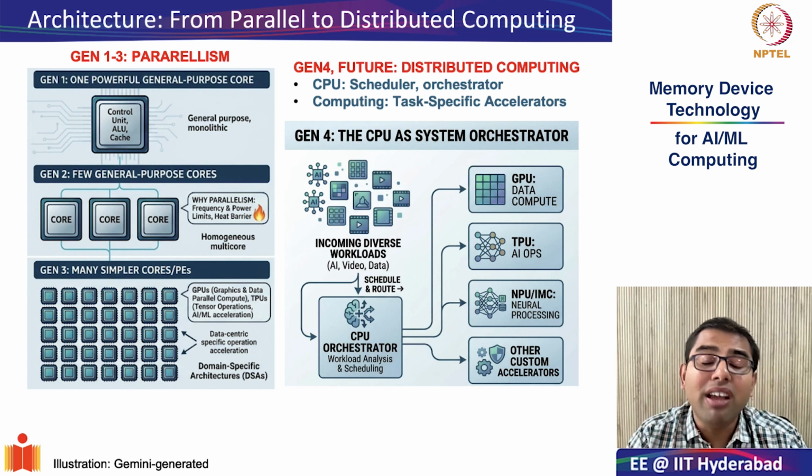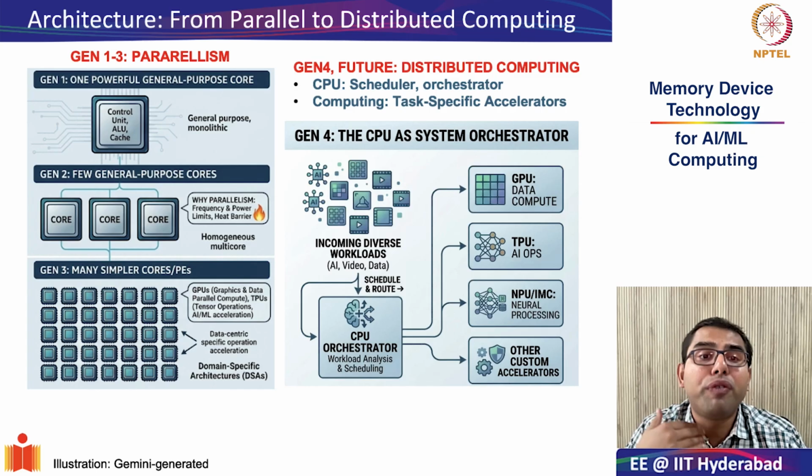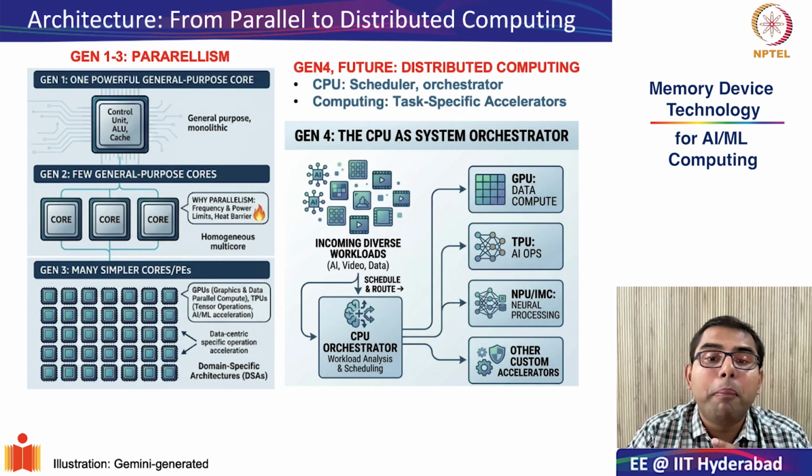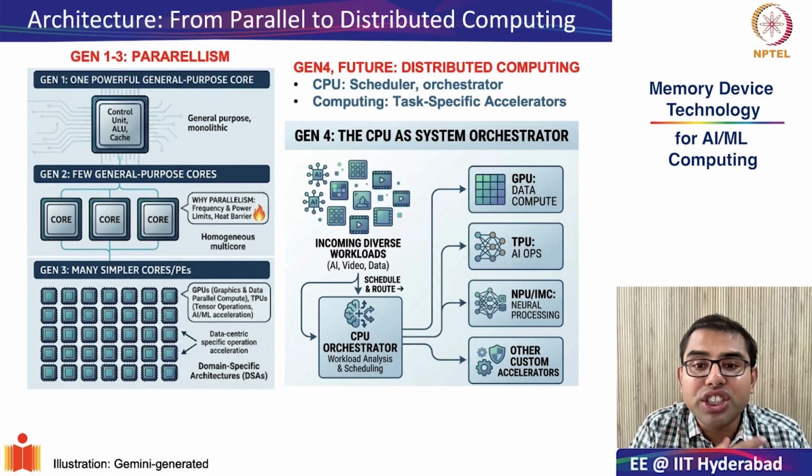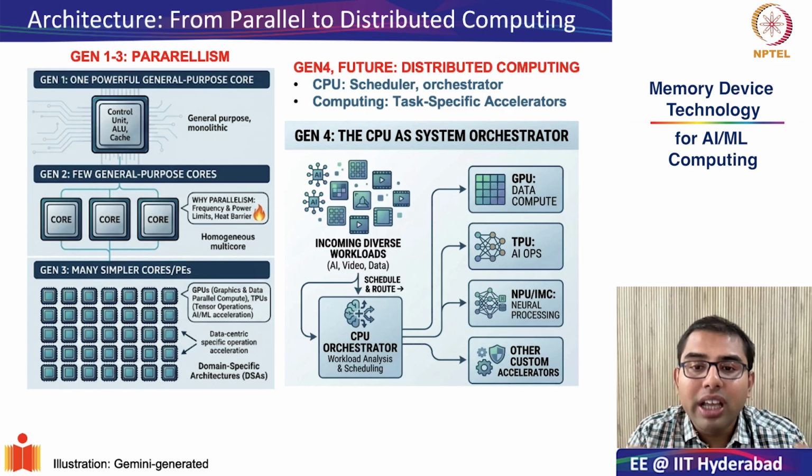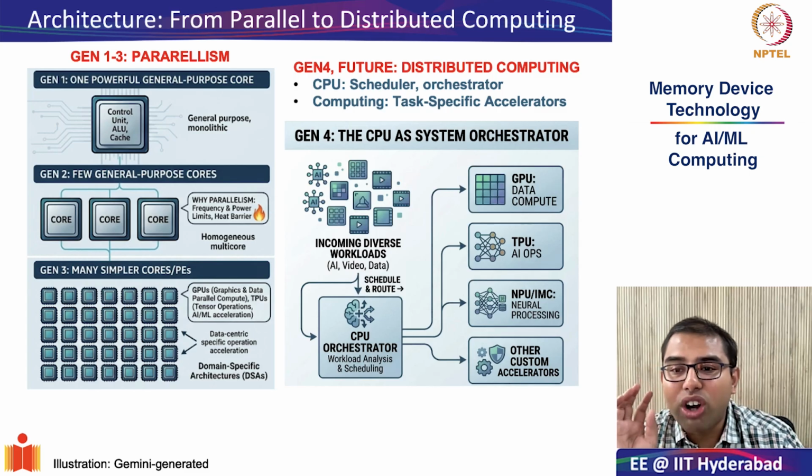So what is happening in the next, or the fourth, generation of computing? In this paradigm, the CPU is no longer performing your heavy computational tasks. Instead, it acts simply as a scheduler and an orchestrator.